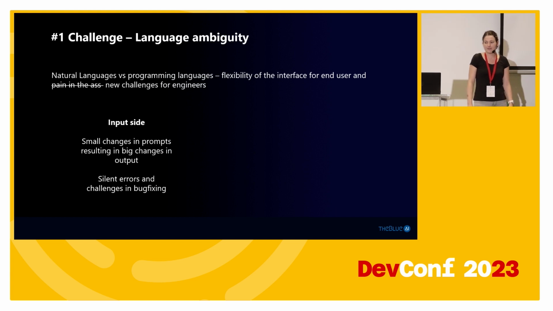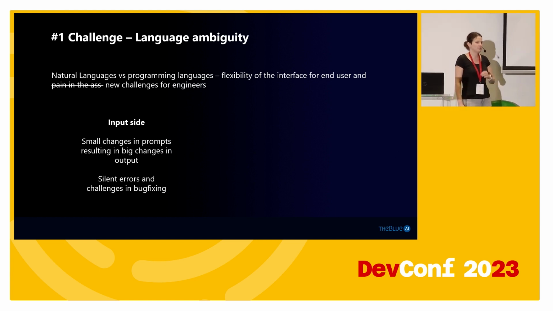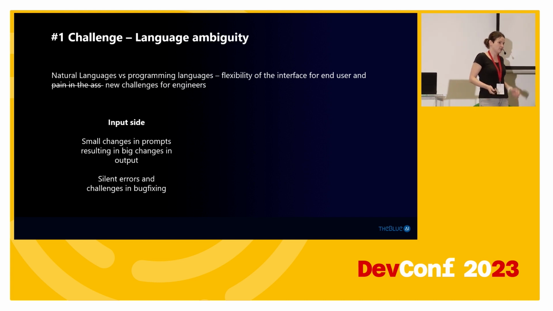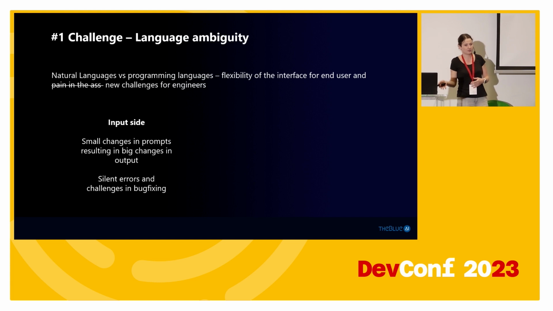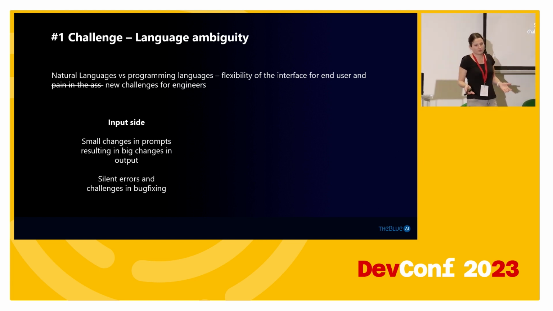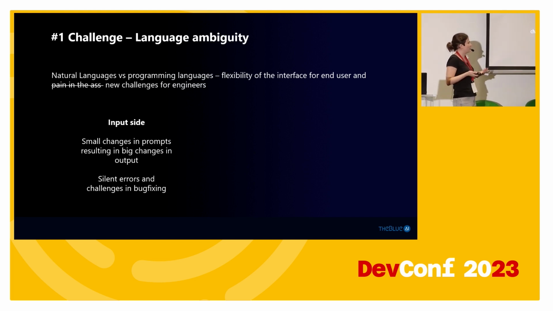On the input side, even a small change in the prompt can have a massive impact on the output that you're getting. And we also have to deal here with the so-called silent errors. If you recall, a language model's main task is to predict the next word. So it can predict the next word that is valid from this perspective, but maybe it's not what we were expecting.